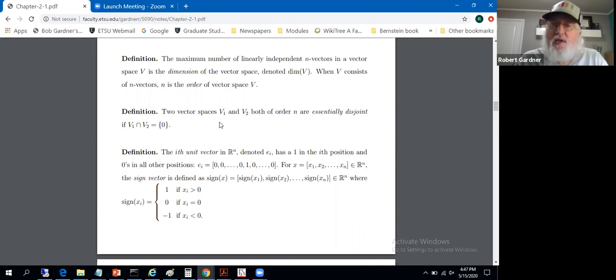It's part of the definition, no matter how you slice it. There are 0 vectors in all vector spaces. If they are both vector spaces which are subspaces of Rn, then it's the same 0 vector. Two vector spaces, subspaces of Rn, couldn't be totally disjoint because of the 0 vectors in both of them, but they could be essentially disjoint. So the only thing in both of those vector spaces is the 0 vector.